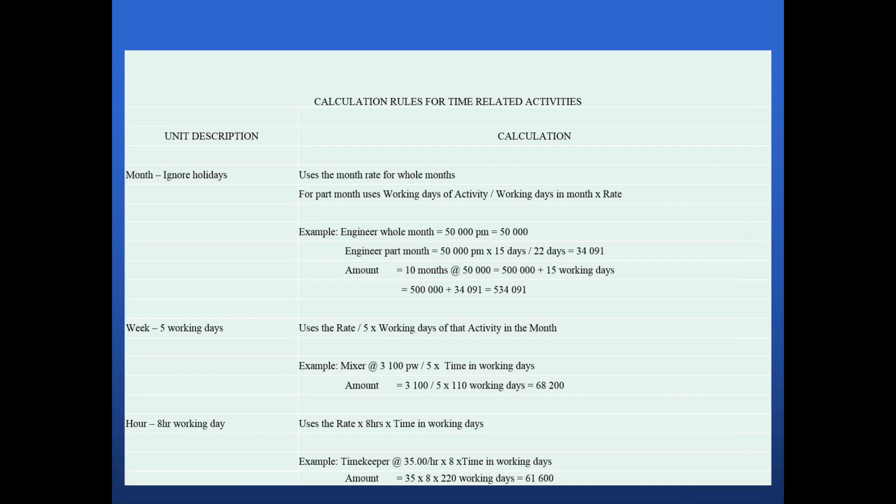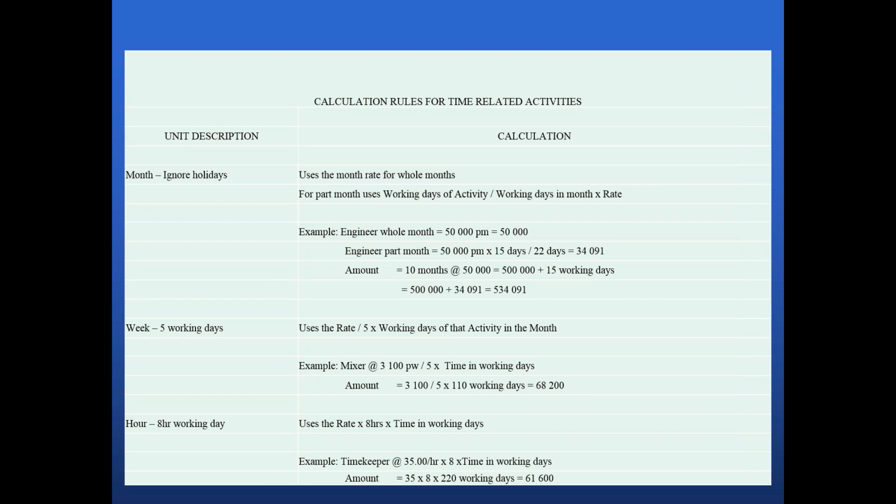For the calculation rules of these descriptions, if you choose month and ignore the holidays, this will typically use the month rate for whole months, and for part of the month use the working days of that activity divided by the working days in the month times the rate.